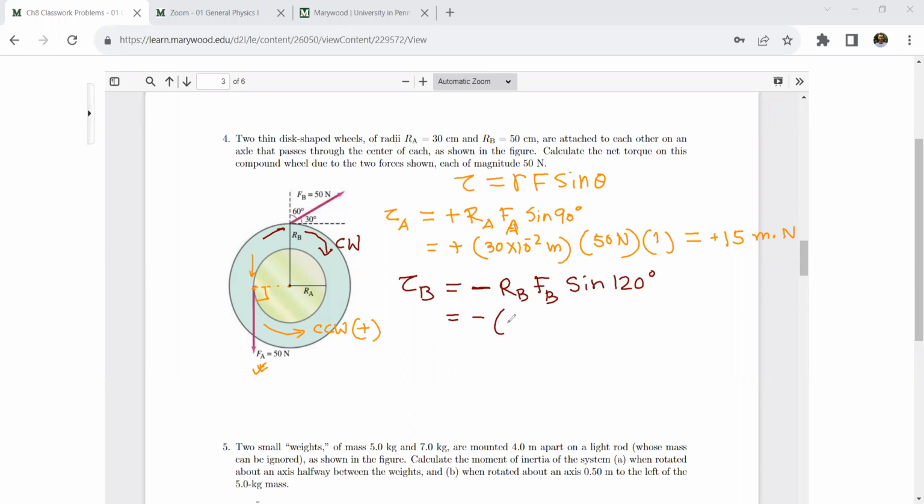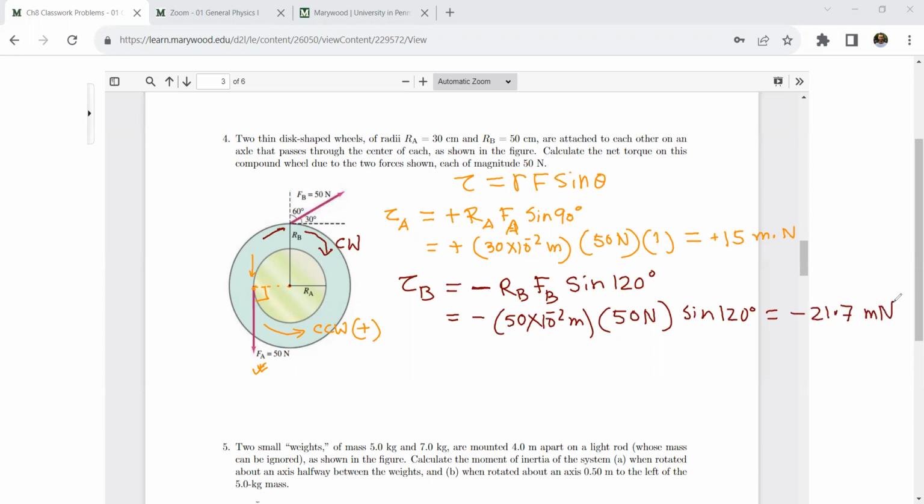So negative, and then 50 times 10 to the power minus 2 meter, and 50 Newton, and then sine 120 degree.